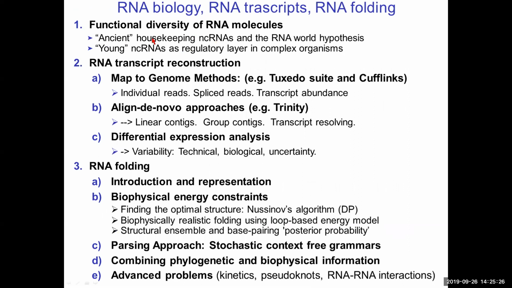And we all started with this ancient RNA world that eventually invented protein, and together they invented DNA. And then there are many ways of studying this RNA. The first is to map transcripts, either de novo or by mapping to the genome, and then to start folding these transcripts in 3 dimensions.